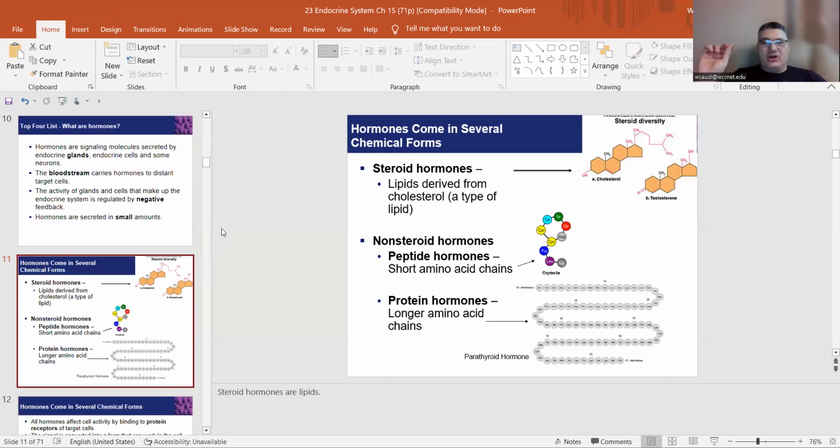Okay, now this part is very important. I want you to pay attention, so that when you see any question, you should be able to answer it. And these, again, because it's basics. I mentioned in the beginning that the hormones, according to the chemical nature, can be either steroid or non-steroid.